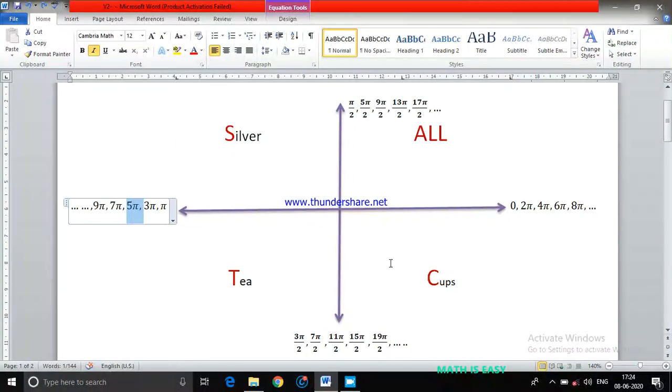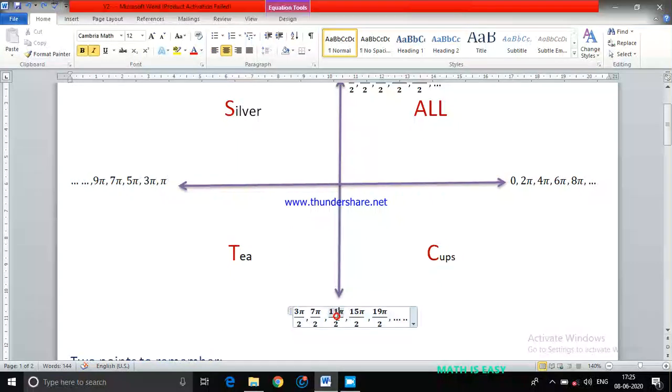As many rotations as you take, your first values will represent the first rotation values, and the second values will represent the second rotation values: 3 pi, 7 pi by 2. Now the third rotation started: 4 pi, 9 pi by 2, 5 pi, 11 pi by 2.